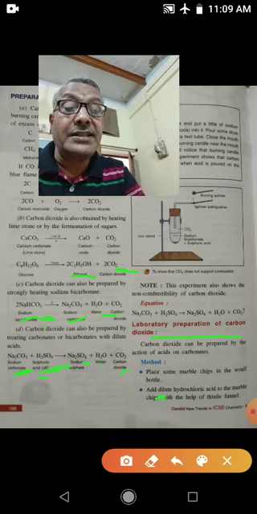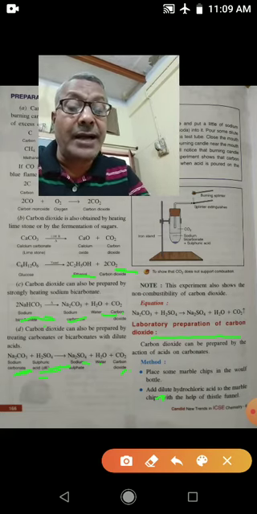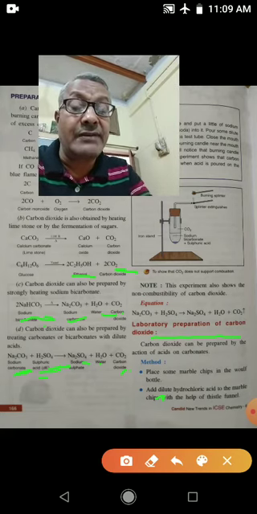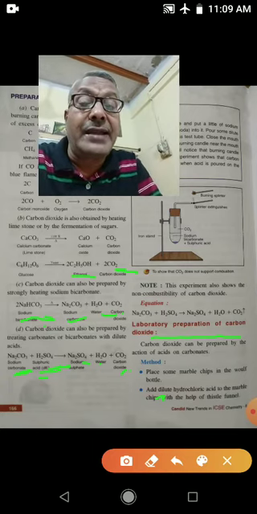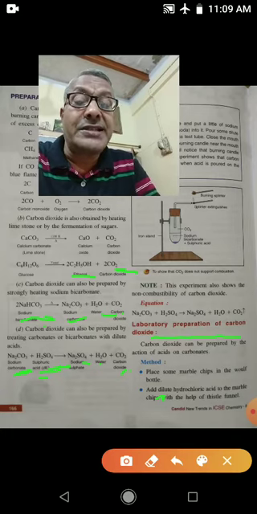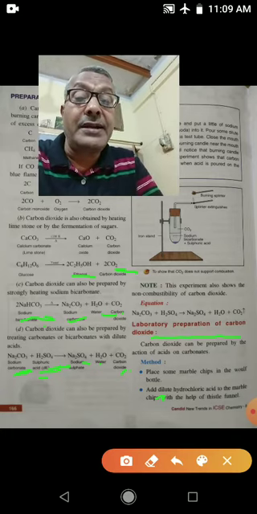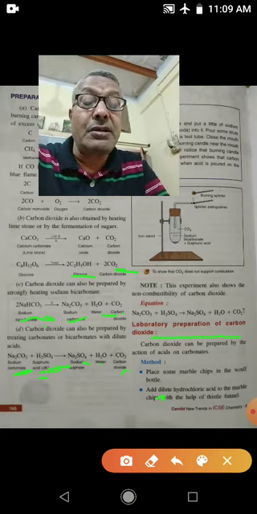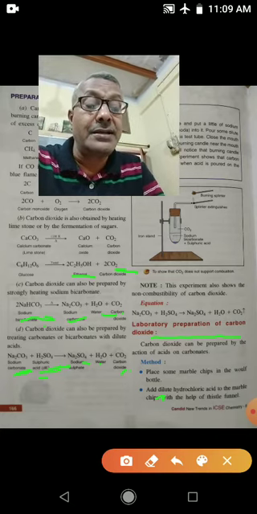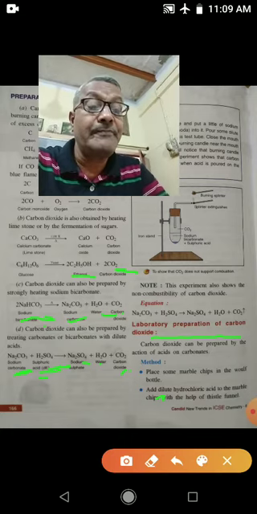Carbon dioxide gas is heavy, it will go in the bottom of the gas jar and air will come out. Carbon dioxide gas is not collected by water displacement method because carbon dioxide is soluble in water. Therefore, it is not collected by water displacement method.